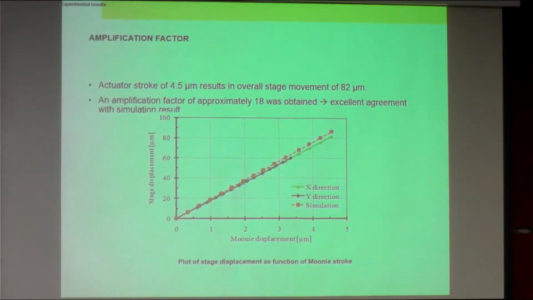The actuator stroke of 4.5 micrometer basically results in an overall stage movement of 82 micrometer. This defines the amplification factor of the mechanism, about 18 as predicted by simulation. The simulation predicts that when we have a angle of 2 degrees, we can get 18 times amplification. The Y and X directions are almost the same, and this agrees well with the simulation result.